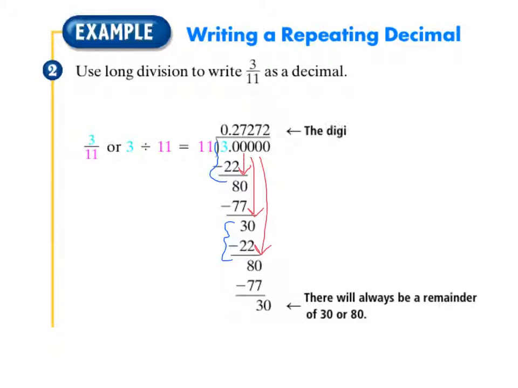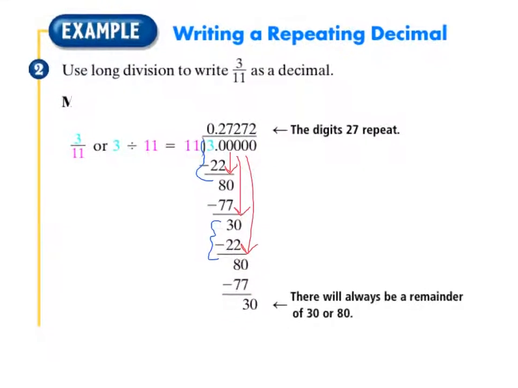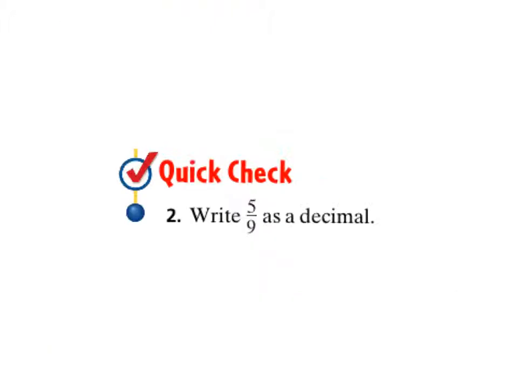So my repeating decimal is the 27. So if I'm going to write this as a repeating decimal, it's going to be 0.27 with the repeating bar over both the 2 and the 7. Pause the video and do this quick check in your notebook.